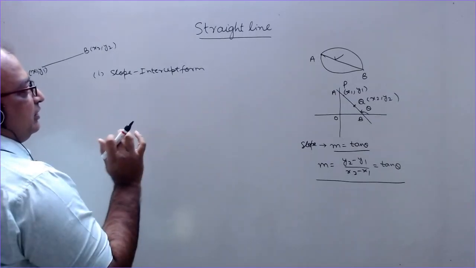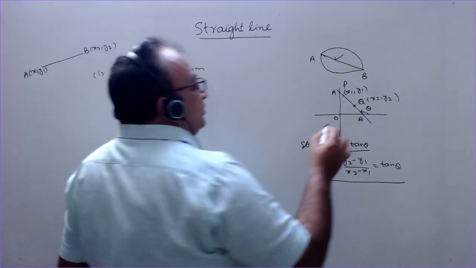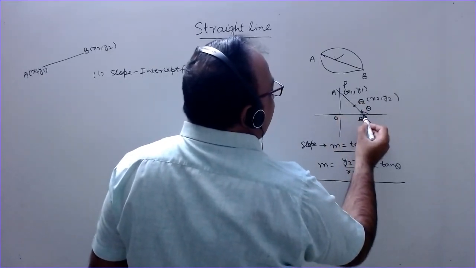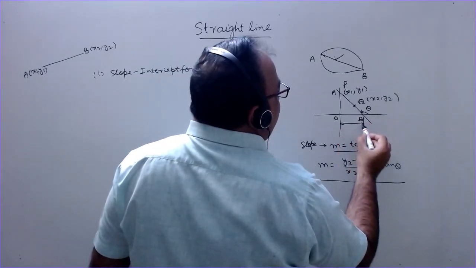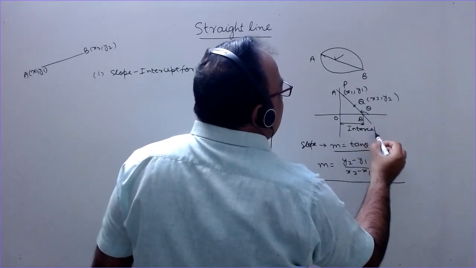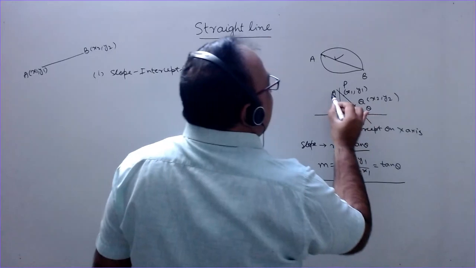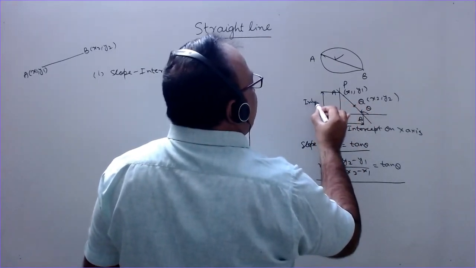Slope I have defined. Now what is this intercept? Suppose you can see that here this line is cutting the x-axis at point B. So the distance from origin to the point B, this distance is called intercept on x-axis, and O to A is called intercept on y-axis.